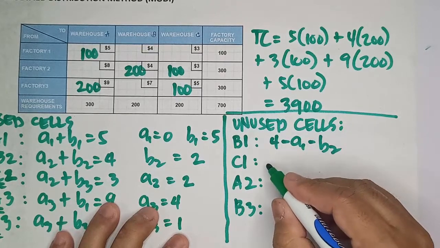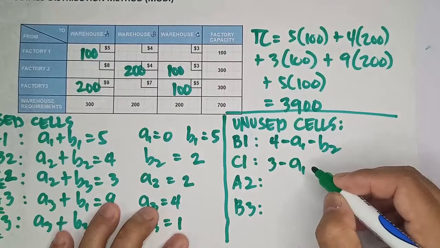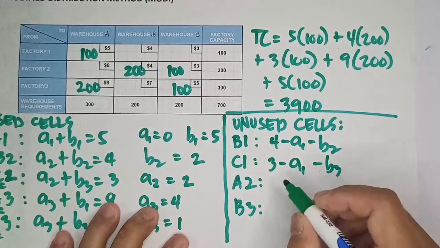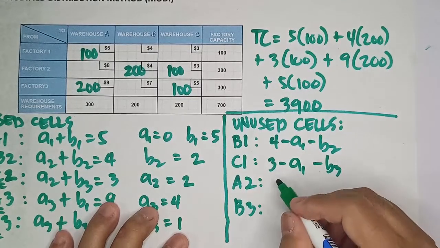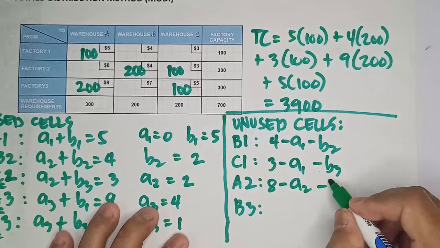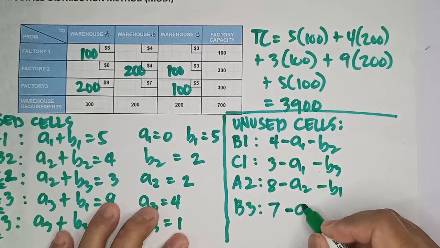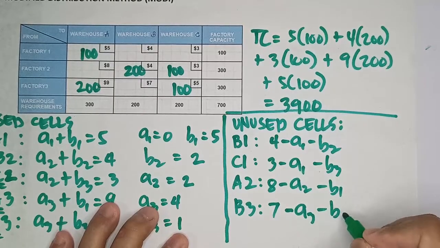The equation for C1 is 3 minus A1 minus B3. The equation for A2 is 8 minus A2 minus B1. And the equation for B3 is 7 minus A3 minus B2.